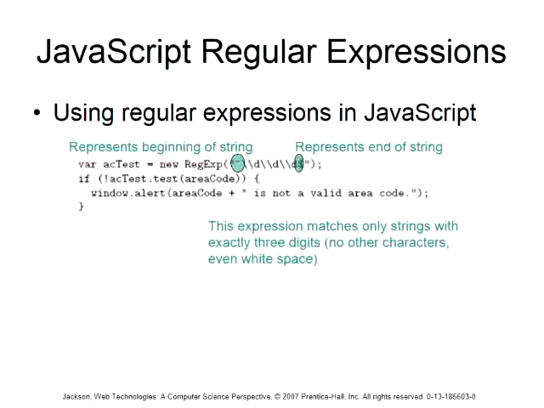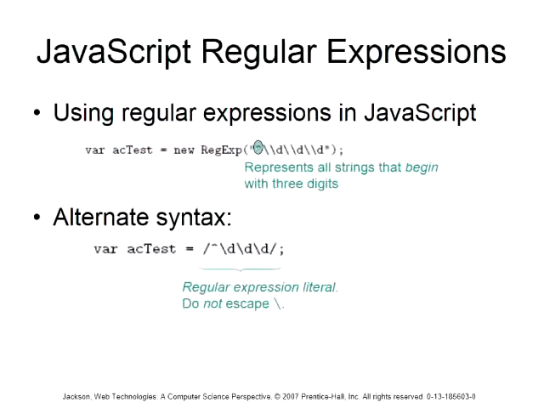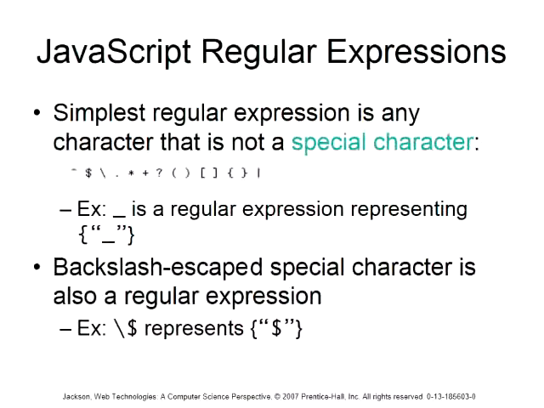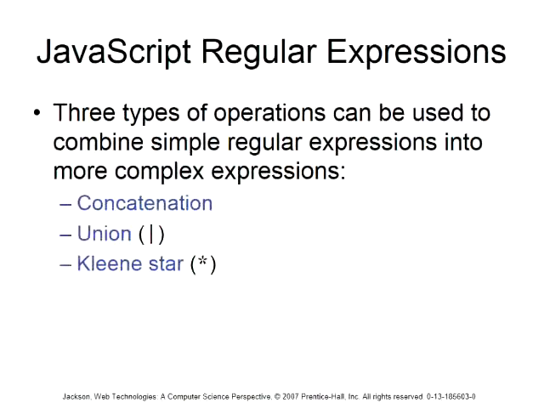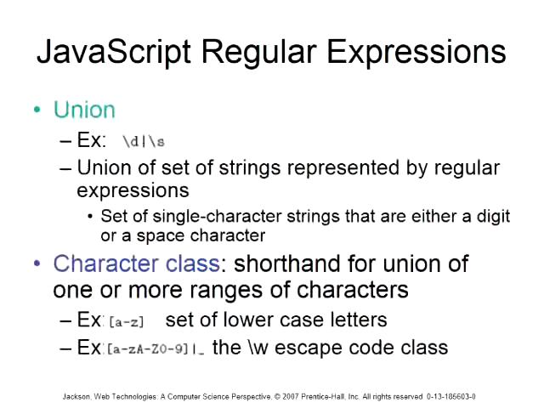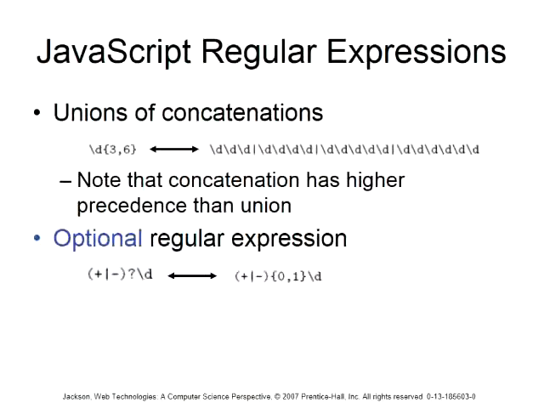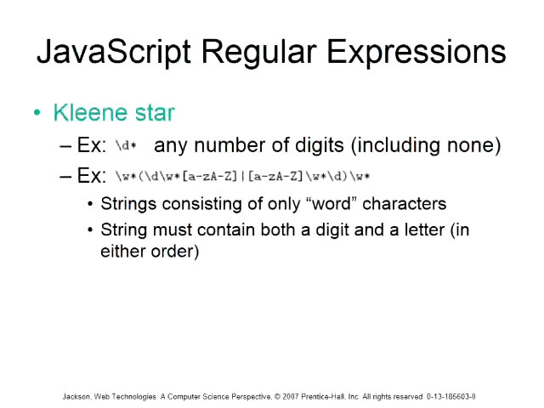This is the beginning of our regular expression and the end of our regular expression. So you can find the code used to create a regular expression. In regular expressions, we can use union, we can use star, we can use many things.